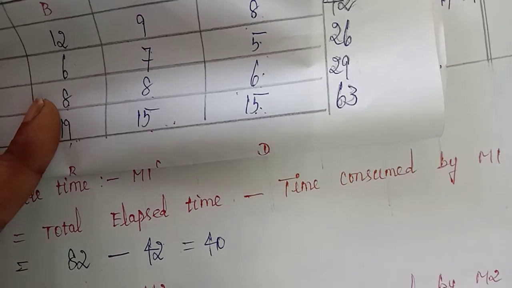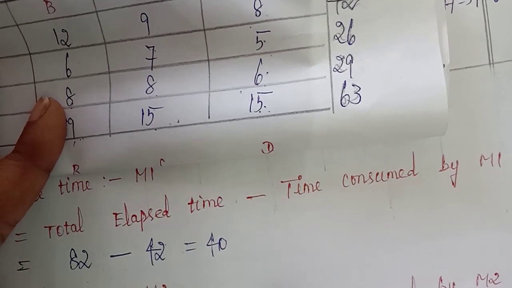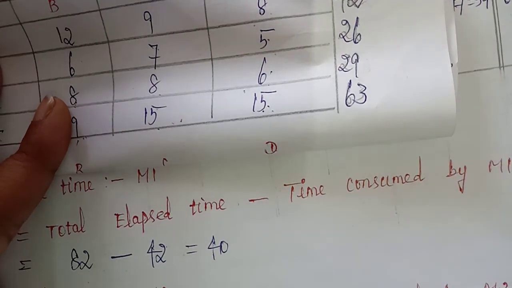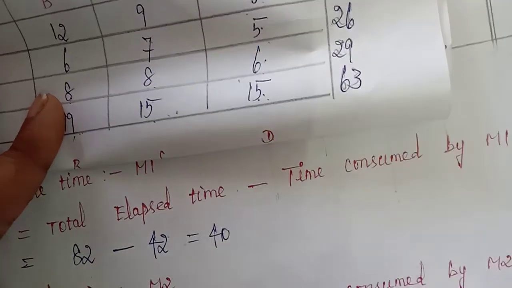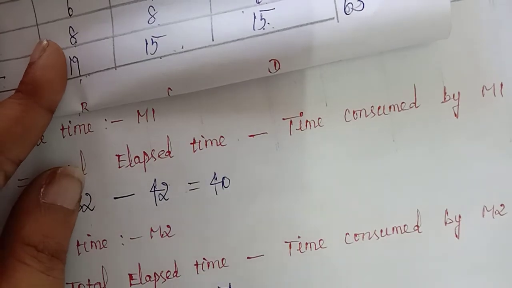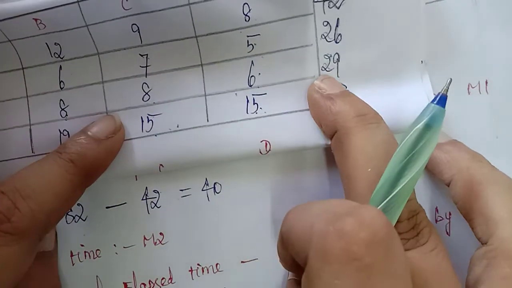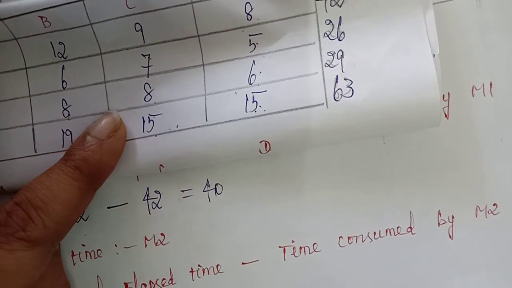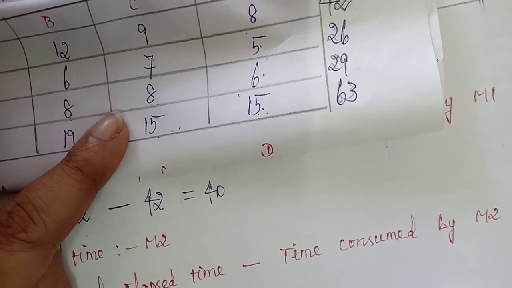Similarly for machine 2, 82 minus 26 is 56 hours. Then for idle time for M3, 82 minus M3 it is 29. We have calculated already. 82 minus 29 is 53 hours.